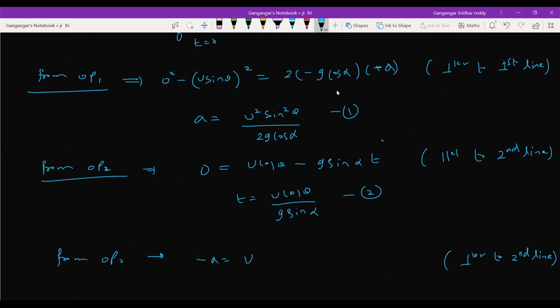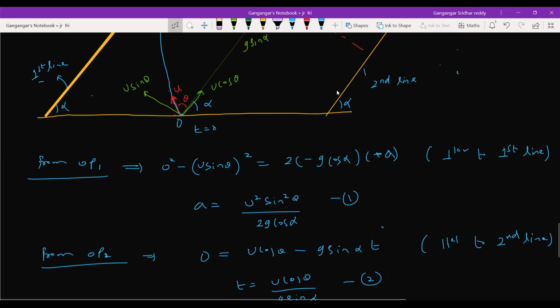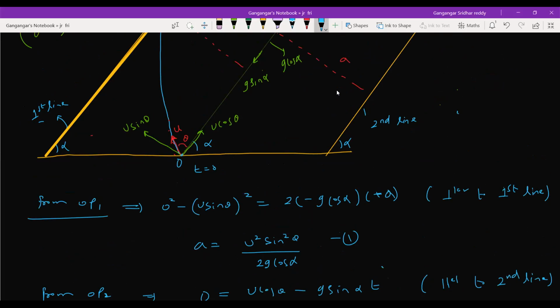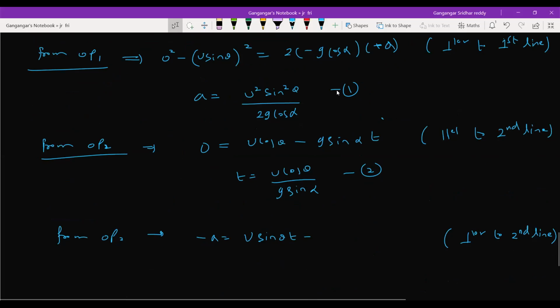Minus a is equal to u sin theta t minus. The displacement a is opposite to u sin theta, therefore negative. What about g cos alpha? It is also opposite to u sin theta, so it will be negative. So therefore minus a equal to u sin theta t minus g cos alpha t square by 2.